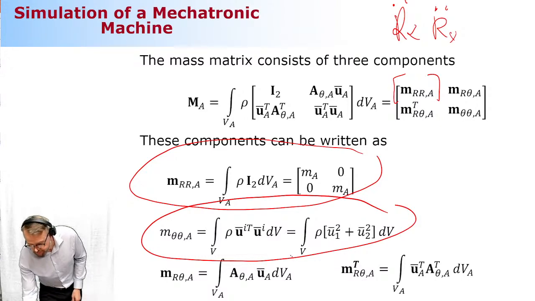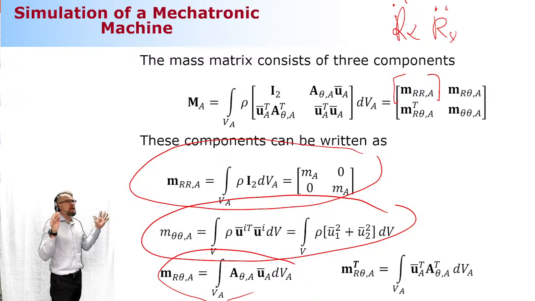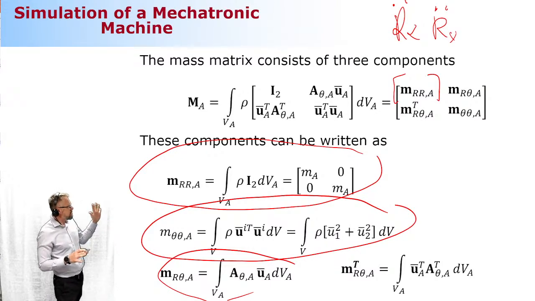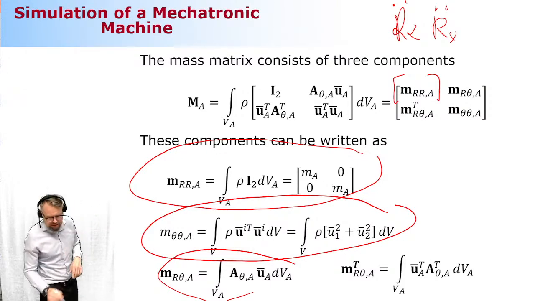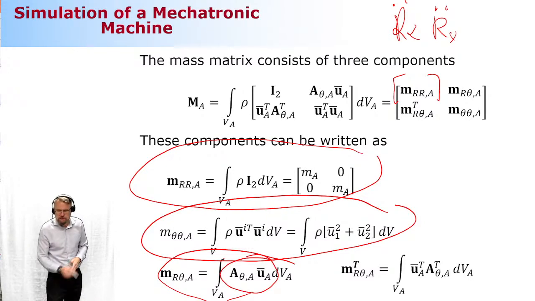And then there is a term combining translation and rotation that may be equal to zero. Under a certain condition, this could be set to zero. You can already see this condition: if the center of mass and the body reference coordinate system happen to be in the same place, then this is going to be equal to zero. So that simplifies the mass matrix.